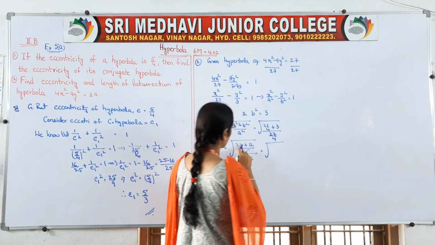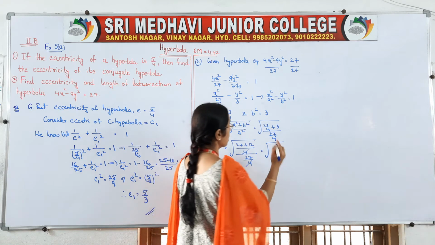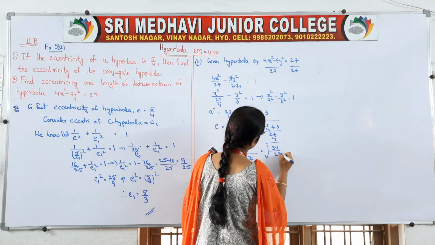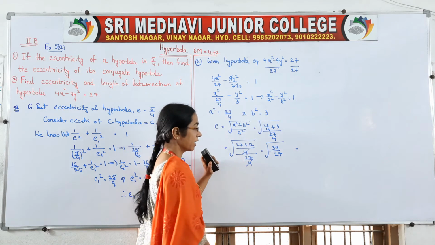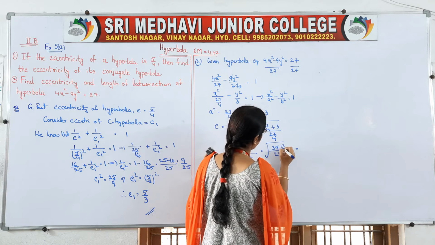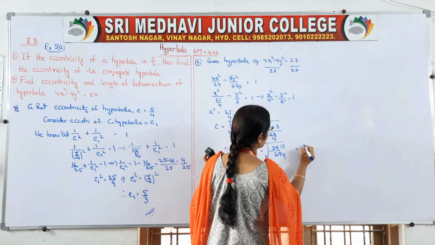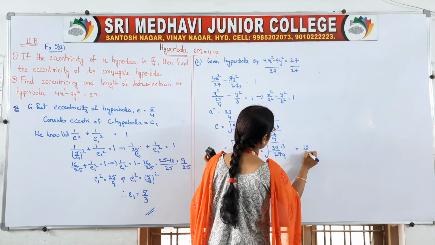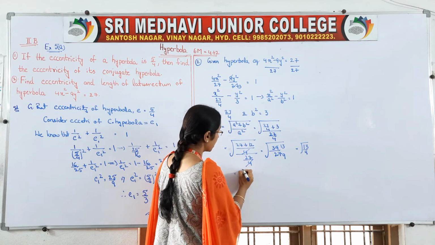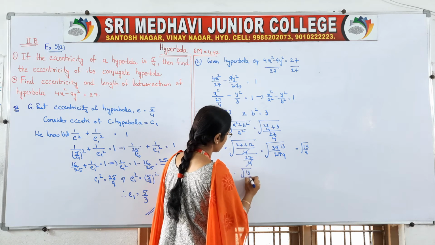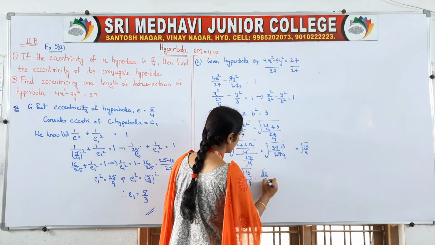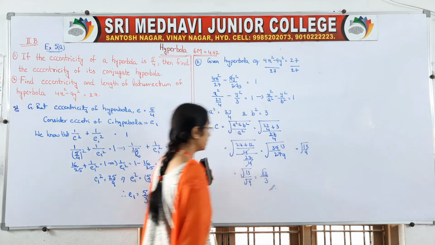It is root of 27 plus 12, which is 39 by 27. With 3 we can cancel: 3 ones are 3, 3 nines are 27. So it is root 13 by 9. Take the root separately: root 13 by root 9 is root 13 by 3, which is the answer for the eccentricity.